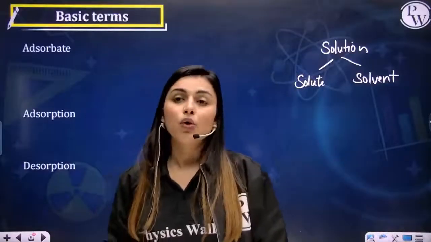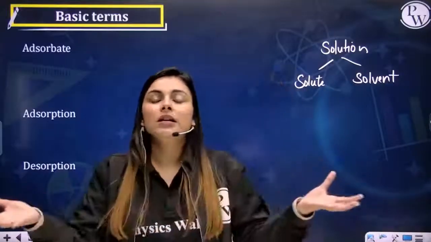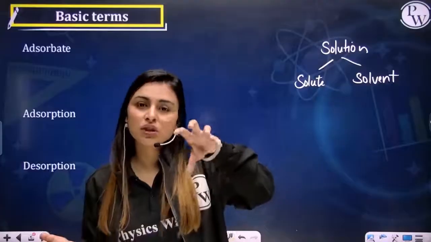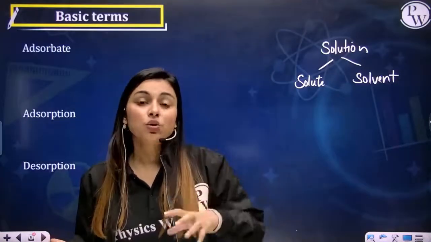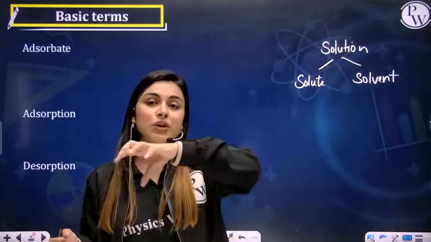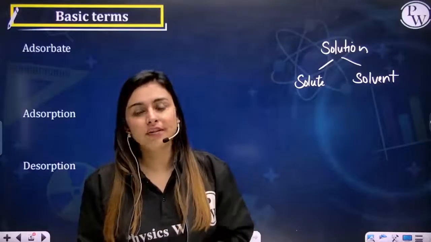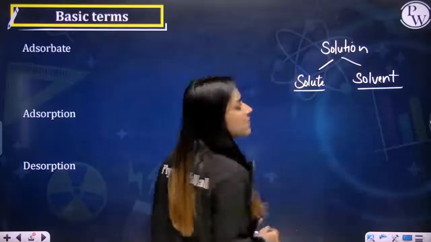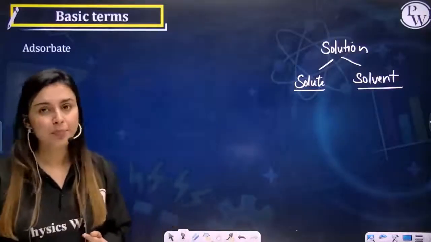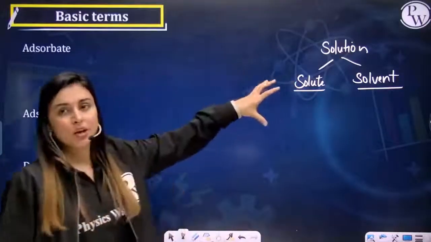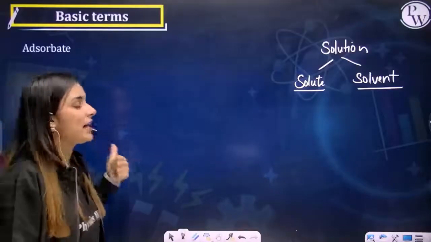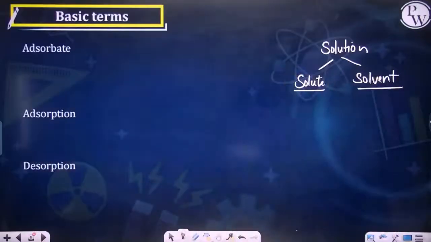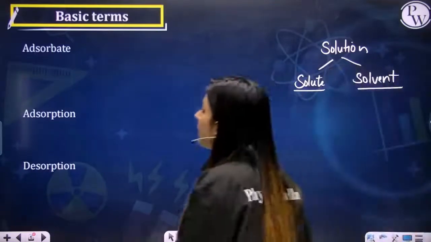Now, you know that your solvent is a large part and your solute is actually the smaller part. So I hope everyone knows the difference between a solute and a solvent. So using this, we can understand adsorbate and adsorbent.